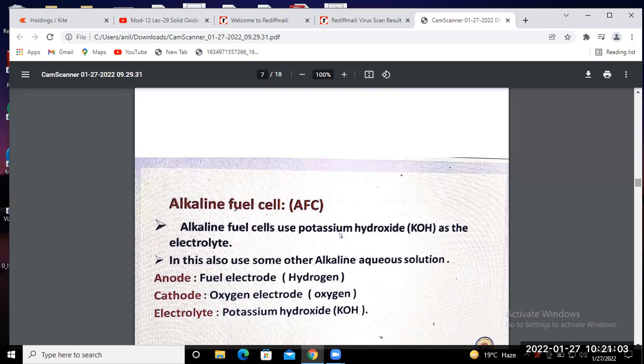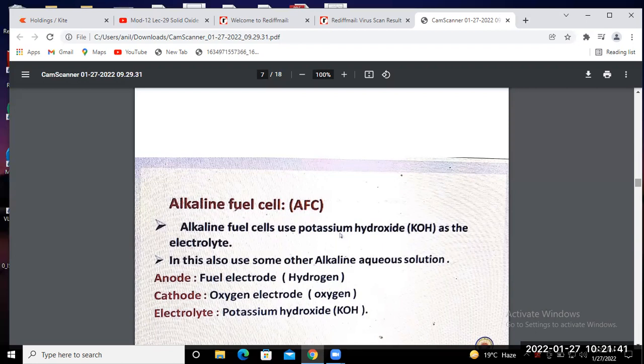We already saw this in previous classes also. The cathode represents the positive terminal of the cell, and the anode represents the negative terminal of the cell. So you may find the direction of current flow is cathode to anode, and the flow of electrons is the reverse of the current direction.